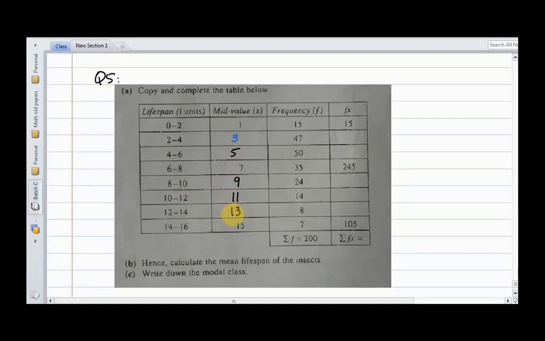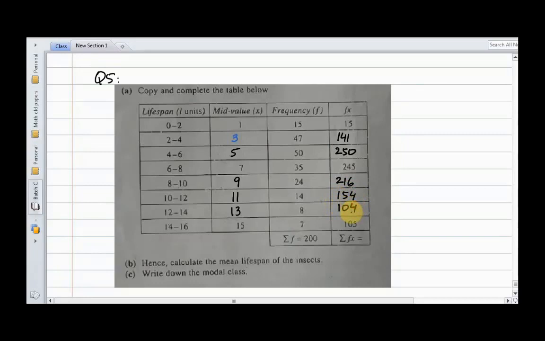Now we need to multiply frequency with x. So 47 times 3, it's 141. 50 times 5, it's 250. 24 times 9, sorry, it's 216. 14 times 11, it's 154. 8 times 13, it's 104, right?